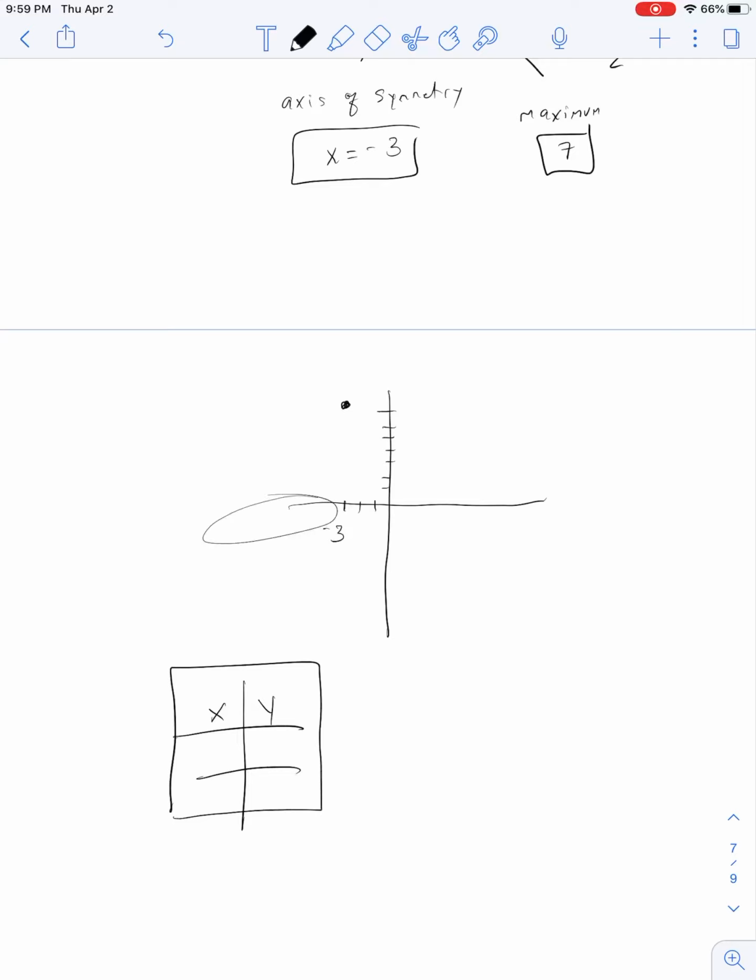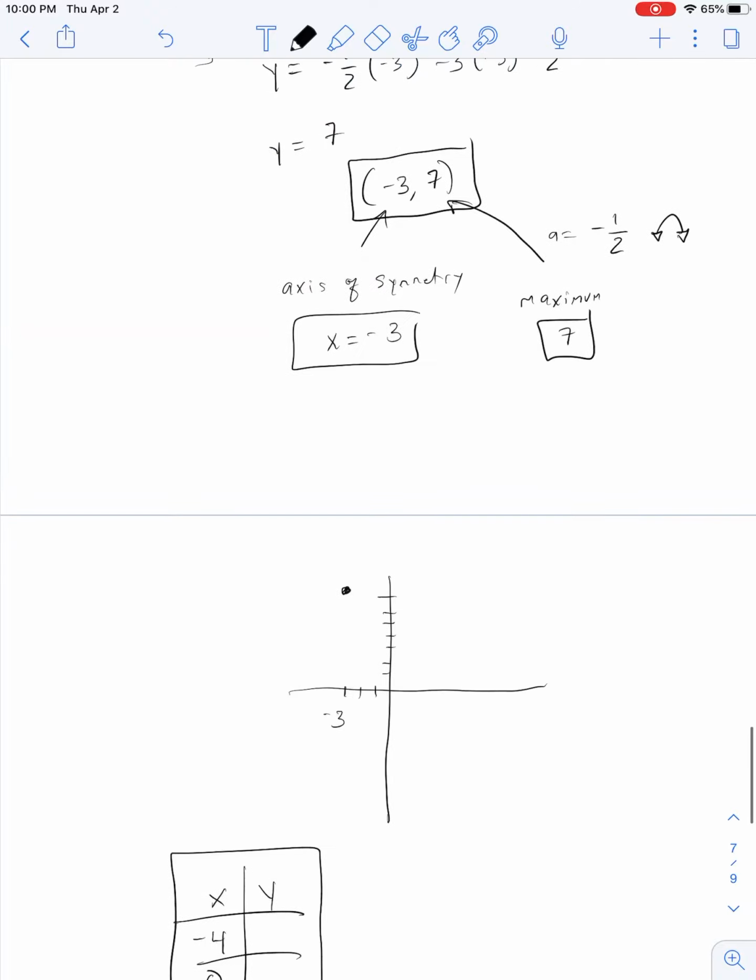What do we want to pick to the left of negative 3? How about something really easy like negative 4? It's just something right next to it. And then what do we want to pick to the right of it? How about 0? 0 seems like it'd be pretty easy.